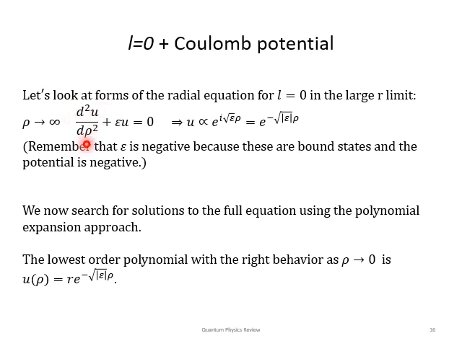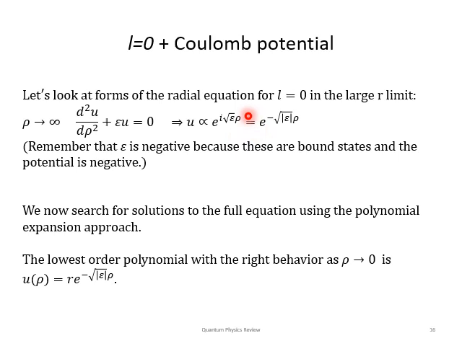Remember, rho is just radius scaled to the Bohr radius. This is the energy measured with respect to the electron being at infinity, and electron and proton attract one another, so this energy is negative. The solution to this equation is u proportional to e to the i square root of epsilon rho.